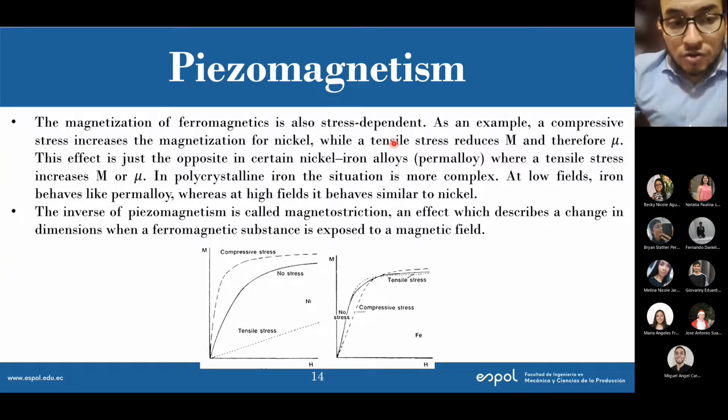Yeah, so if I apply a tensile stress, I will reduce the magnetization and the permeability. Whereas if I put a compressive stress, I will increase the magnetization and therefore also increase the permeability. That happens, for example, in nickel. So there are some ferromagnets like nickel that show this magnetization dependency on stress.